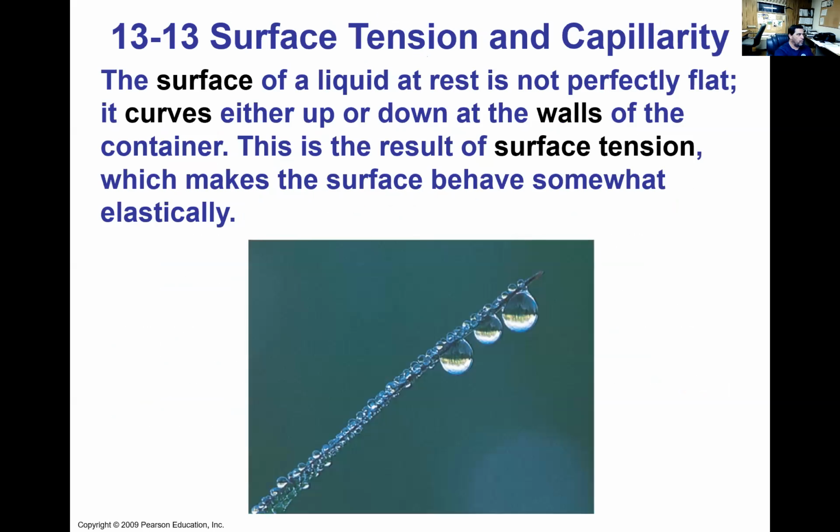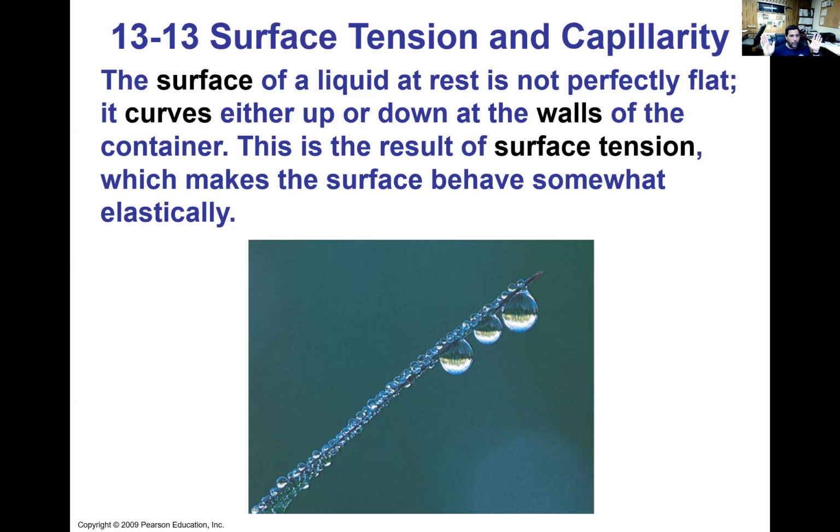Okay, so surface tension and capillarity. Some of the weird things you see in nature, like beads of liquid on a blade of grass, are caused by surface tension. The reason they happen is due to surface tension and capillarity. Surfaces of a liquid at rest are not perfectly flat.